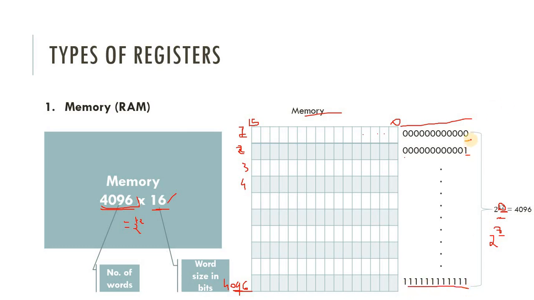So the first address contains all zeros and the last address contains all ones, and in between there are 4096 addresses available. So this is how the RAM is defined. Each RAM has its particular size, and based on that, multiple blocks and bits are available and a corresponding address is given to the memory.